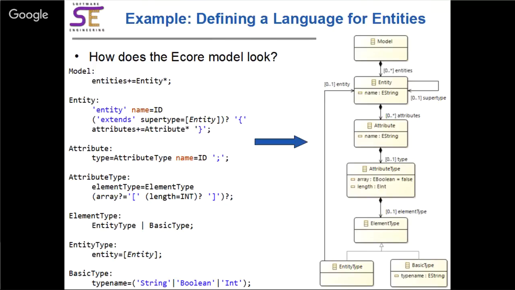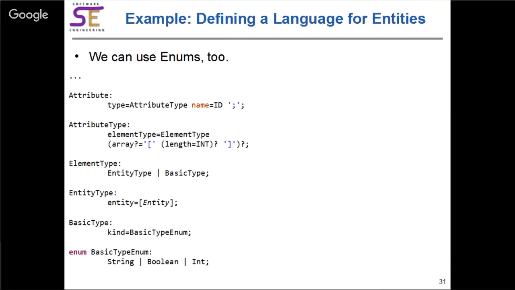There you could have another approach where you're saying, again, your element type is an entity type or a basic type. Your entity type refers to an entity, and your basic type is of a basic type enum, and here you can define an enum.